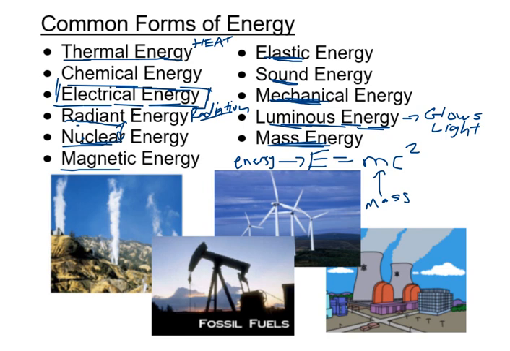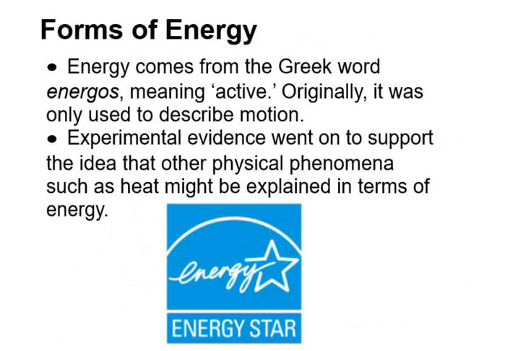However, nuclear and radiant often go together, or electrical and chemical often go together. For example, a battery is often used to make electricity. Or thermal energy and luminous energy often come together, because when you get heat, it often glows or gives light. Okay? So now let me go back a couple of slides here.